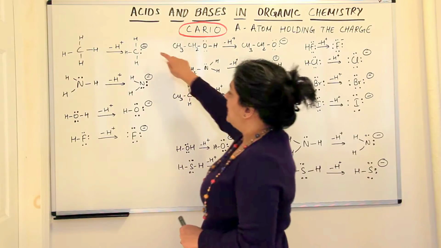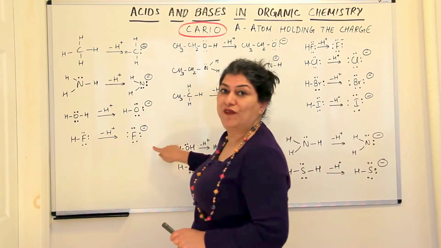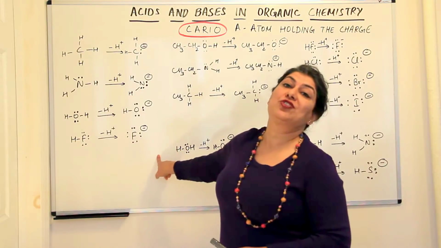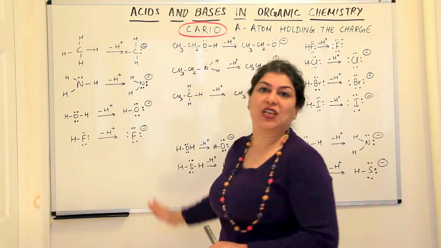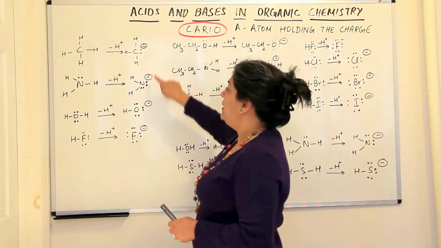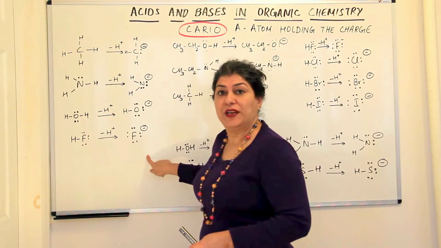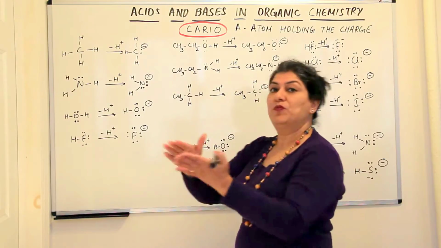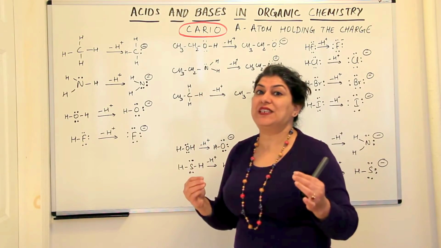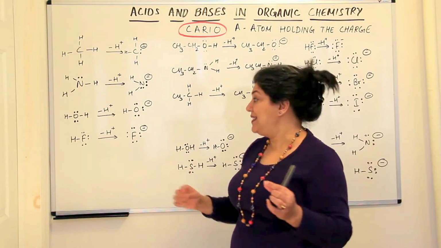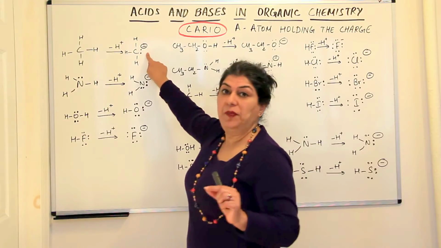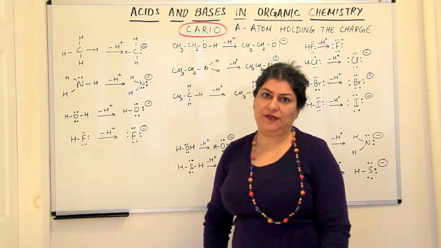So we find that carbon, nitrogen, oxygen, fluorine belong to the second period, and I've deliberately written them in the same sequence. As we move from left to right, electronegativity increases. That is, fluorine would be the most electronegative and carbon would be the least electronegative.